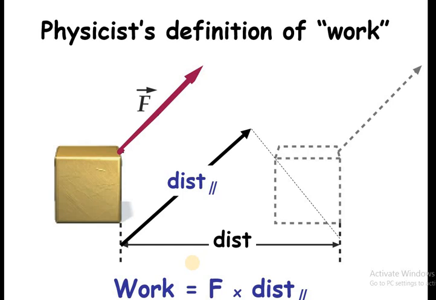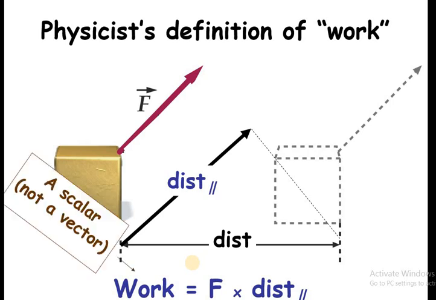So here the force F is applied on the block, and this amount of force is able to move the block. So from here we can say work is said to be done only when a force is applied on a body and makes the body move along the direction of force.